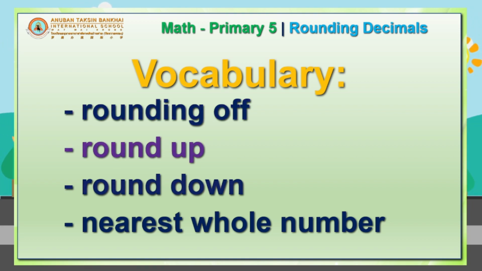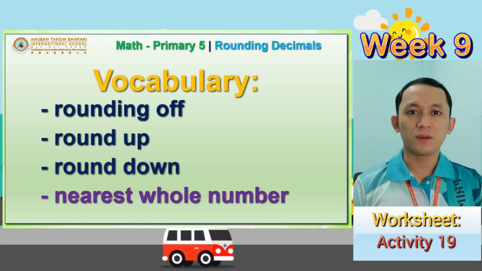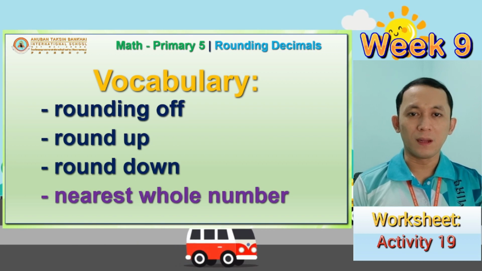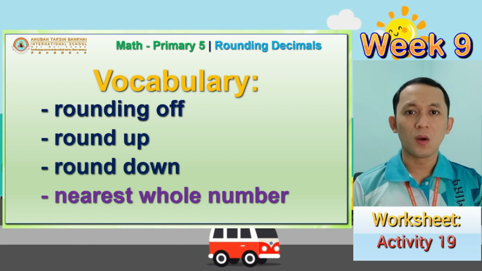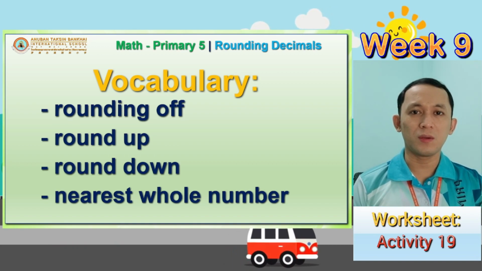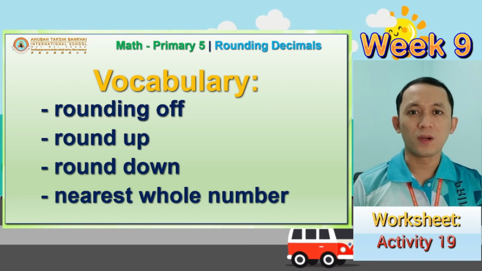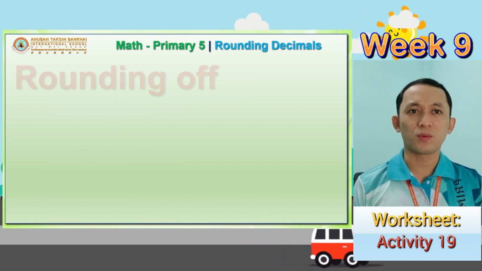The next word we have is round down. And the last word we have is nearest whole number. These words, we will be using as we go along with our discussion for today. Now, let's start with rounding off.